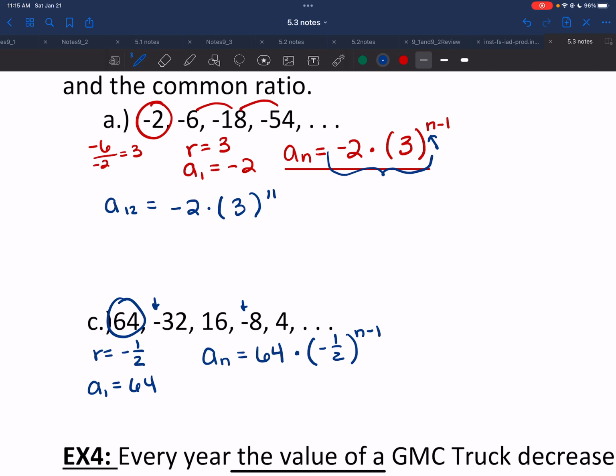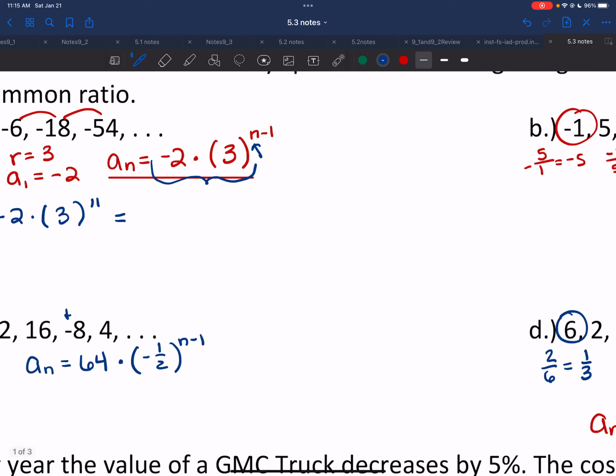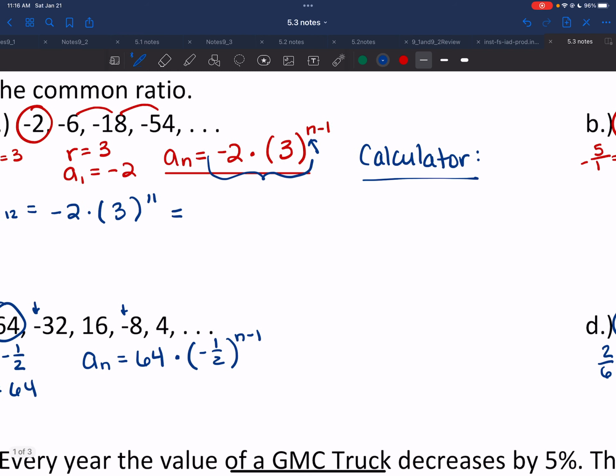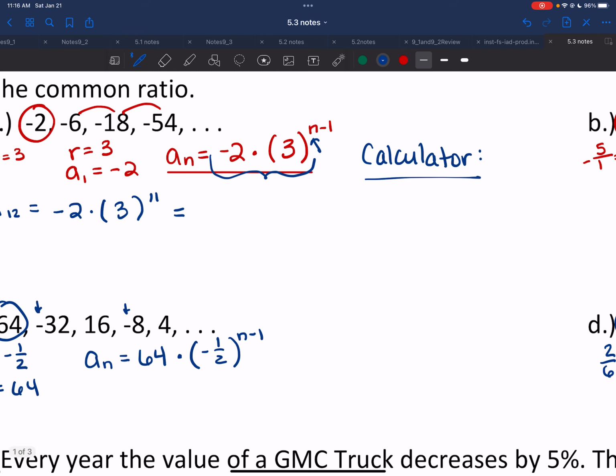So if I put this in my calculator, many of you are using the yellow ones in class. On those, to input it, I would actually start on the end and work my way backwards. So I would put in 3 and hit that upward caret. It's right above the x squared button. And then enter the number 11 and then hit enter.